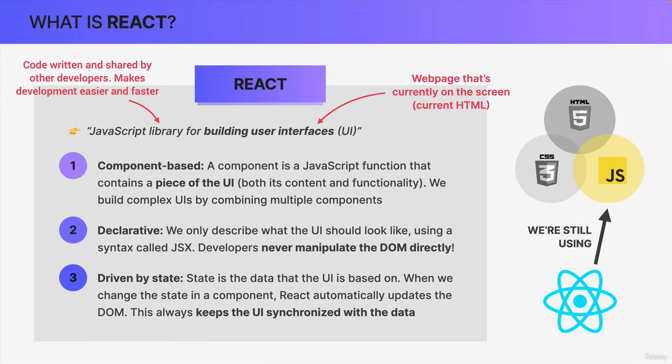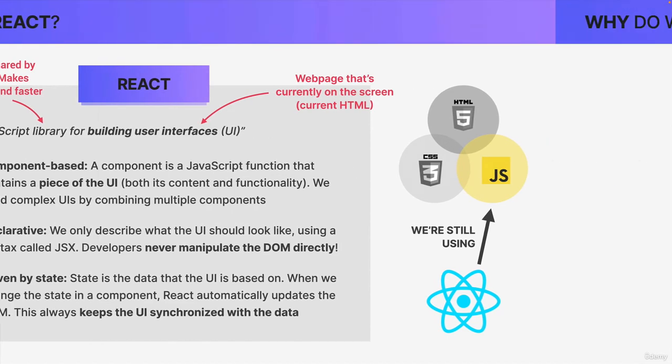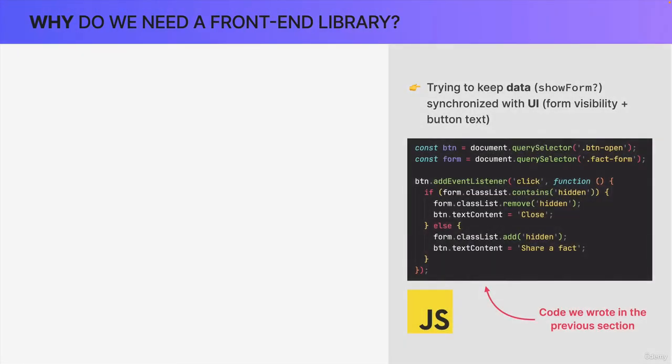And this is actually a huge deal, because it takes a lot of work away from developers. So whenever we want to update the application that's visible on the screen, all we have to do is to update some state variable, and React will then automatically keep the user interface synchronized with that data. If we had to do that manually for the entire app, that would really be a lot of work, just like in this code that we wrote at the end of the previous section.